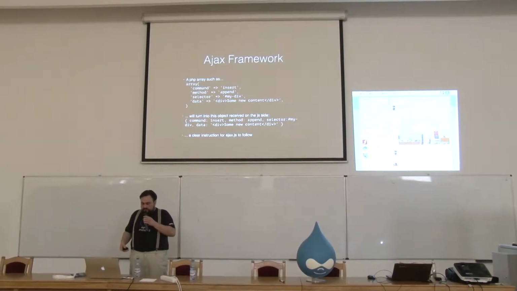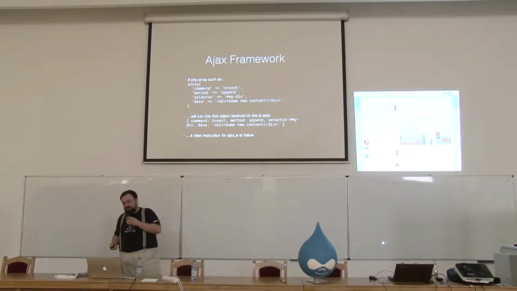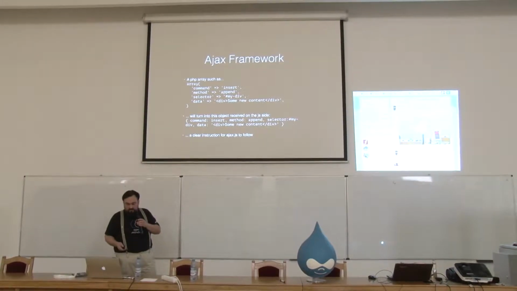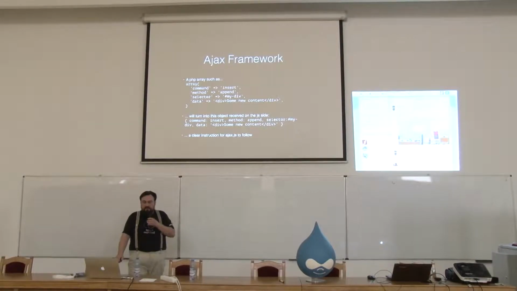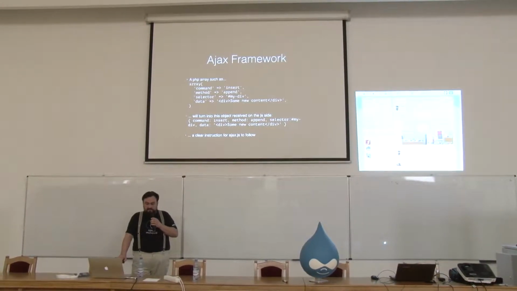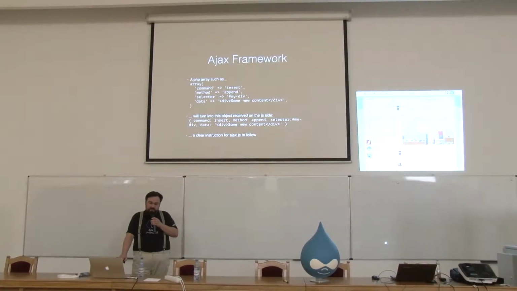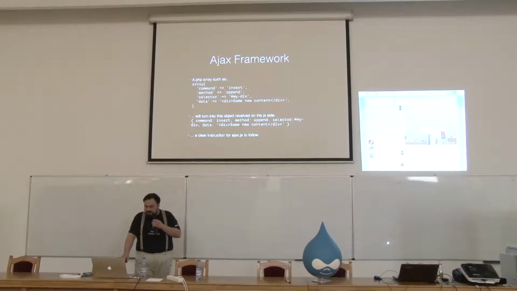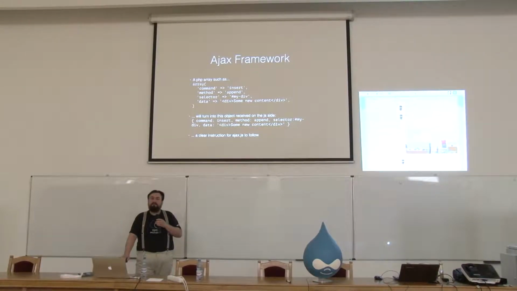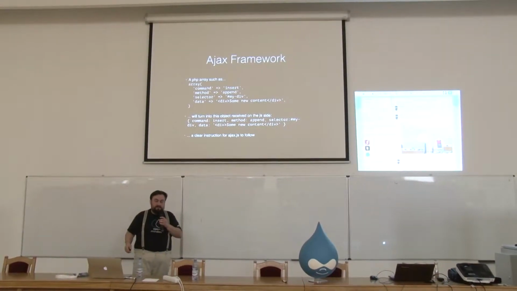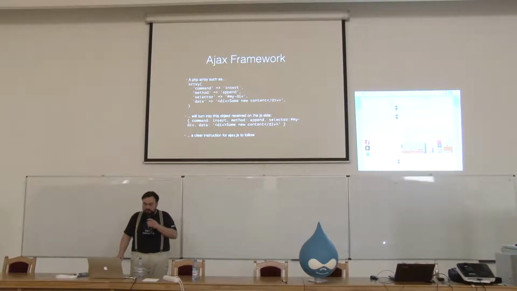If you want to, and the Ajax command basically in PHP looks like an array with some keys. And if you return that from your callback in PHP, in JavaScript you will receive a JSON object with the same keys, with method, content, and command name, and that allows the Ajax.js file to find the command you need and execute it.